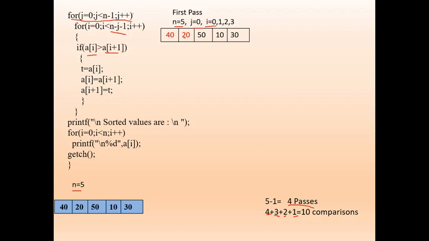Is 40 greater than 20? Yes. Yes means you need to swap these two numbers. Move 20 to the left position and 40 to the right position. If A of i is greater than A of i plus 1, interchange these two numbers. So the updated sequence is 20, 40, 50, 10, 30.